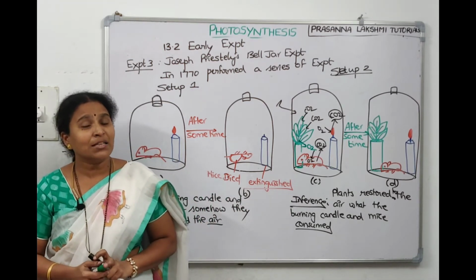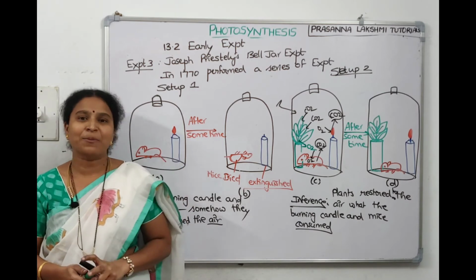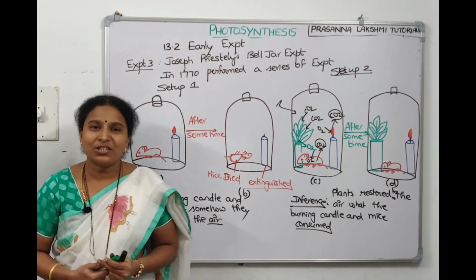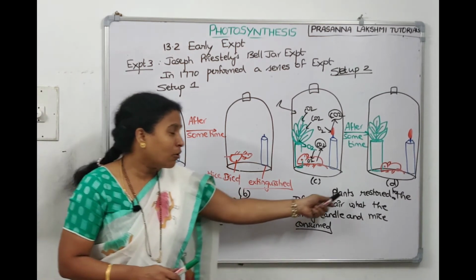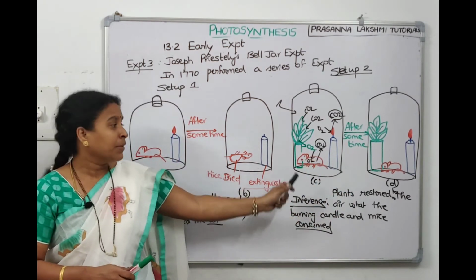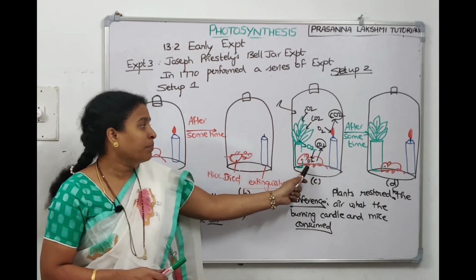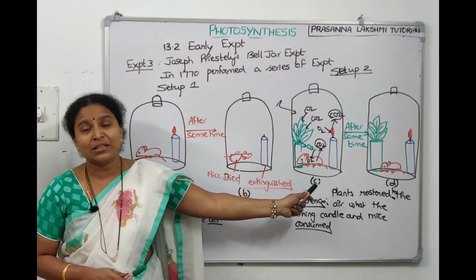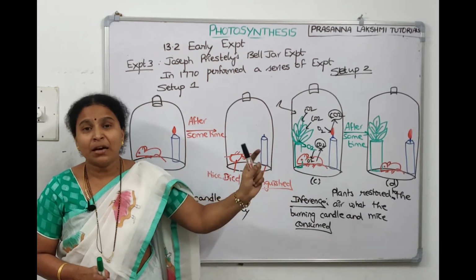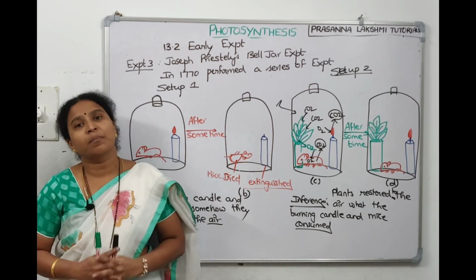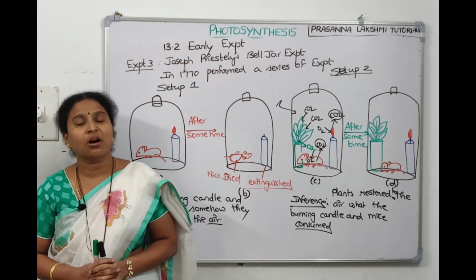Now come on, tell me, what is the inference of the variegated leaf experiment? Plants will restore the components back to the air, what the burning candle consumed and what the mice consumed. But listen carefully, here they don't know it is oxygen and carbon dioxide.